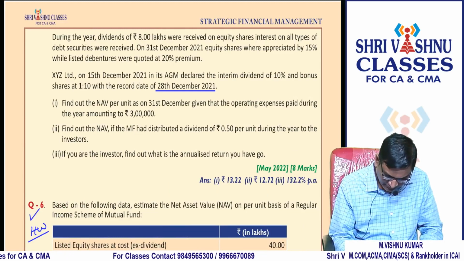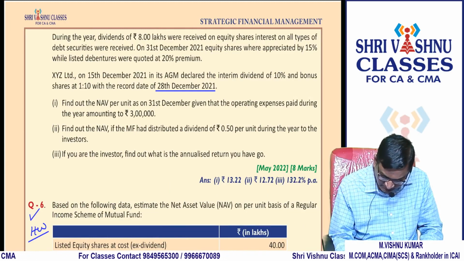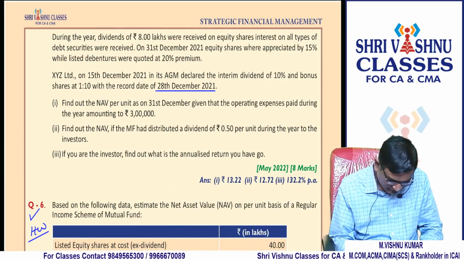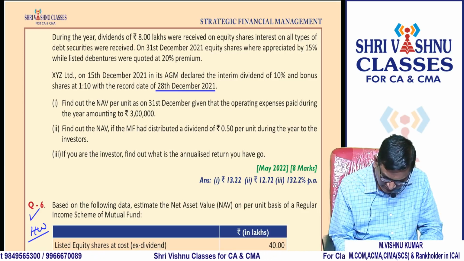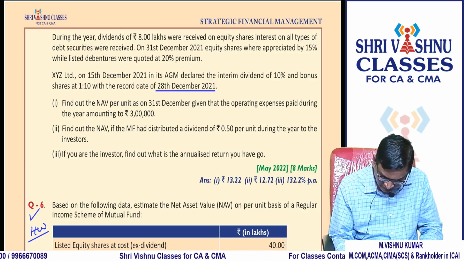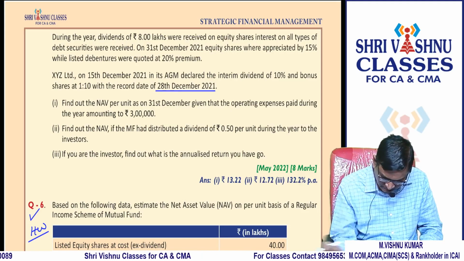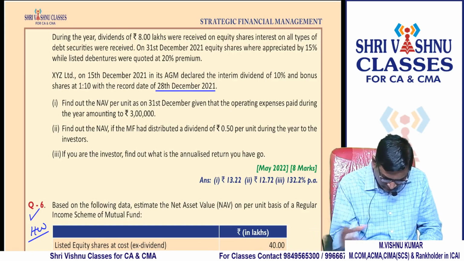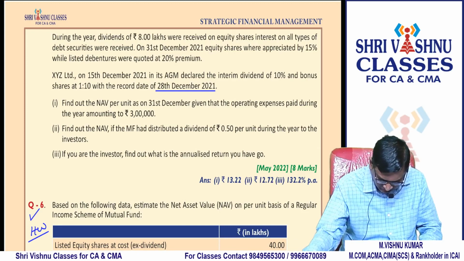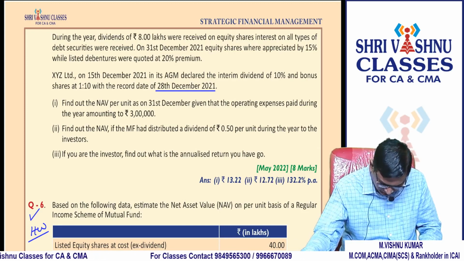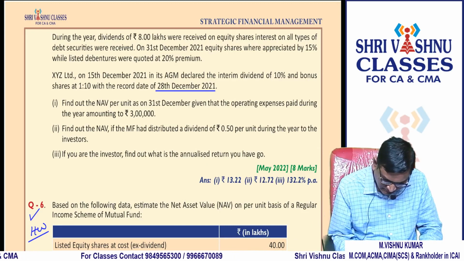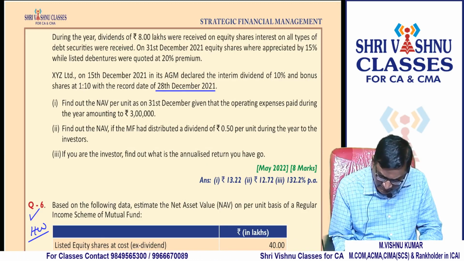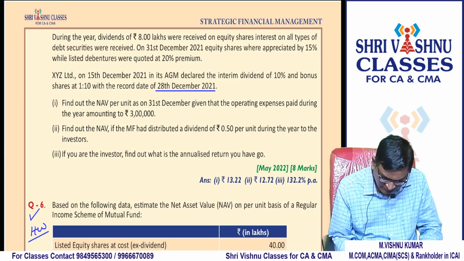Find out NAV per unit on 31st December given that operating expenses paid during the year were 3 lakhs. Find out NAV if the mutual fund has distributed dividend of 50 paise per unit during the year to the investors.